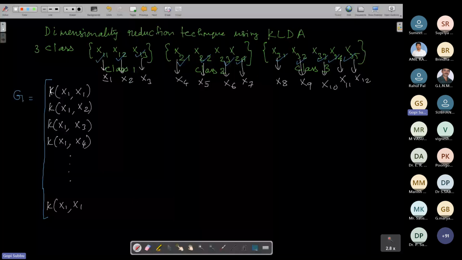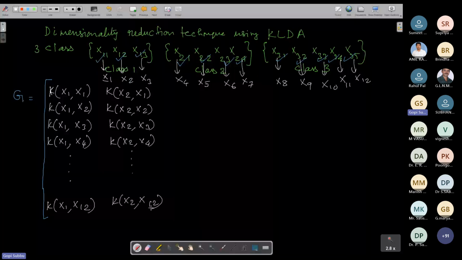This is the kernel values. I will tell you what that kernel function is a little later. Then you take the second vector x2 and go for the kernel function k of x2 comma x1, k of x2 comma x2, then k of x2 comma x3, k of x2 comma x4, and it goes like that up to k of x2 comma x12.